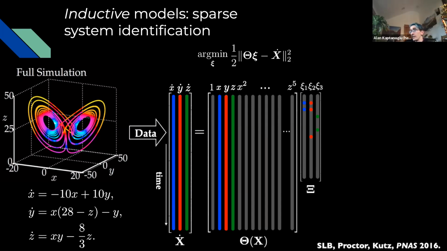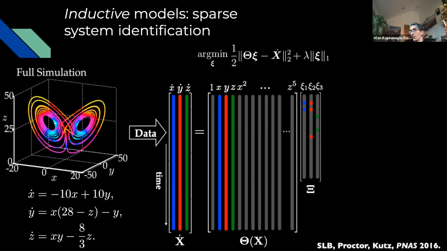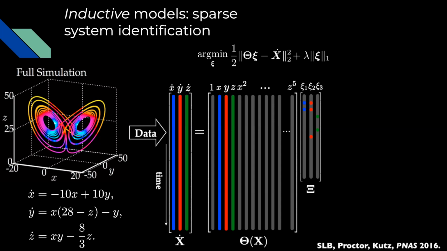The advantage is this is a nice convex problem that has an analytic solution, but typically folks will add what's called a sparsity prior. This is an extra term in the optimization problem that tries to minimize as many of these coefficients as possible. That's really nice because it tends to give you sparse, parsimonious models rather than the very dense models I'll show in the next slide.